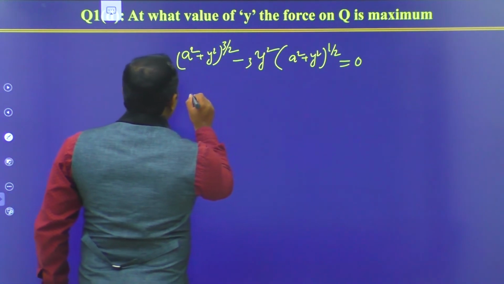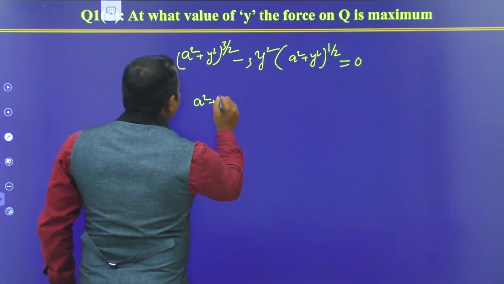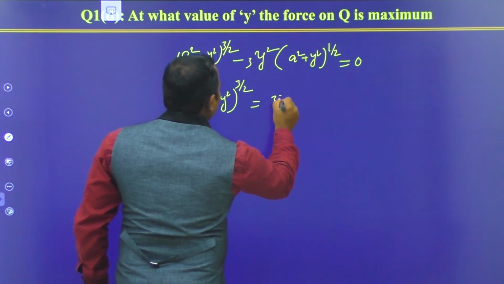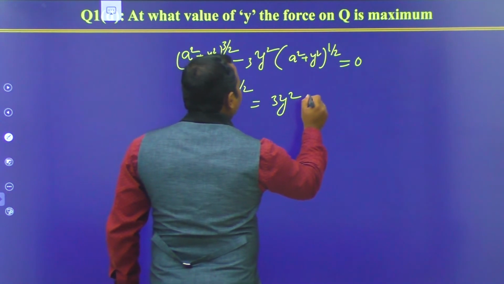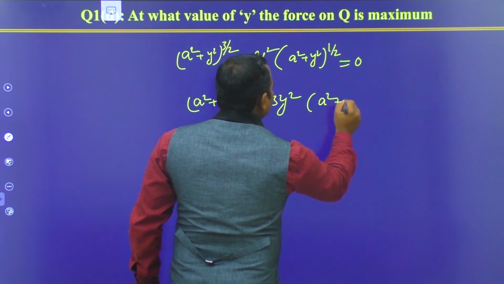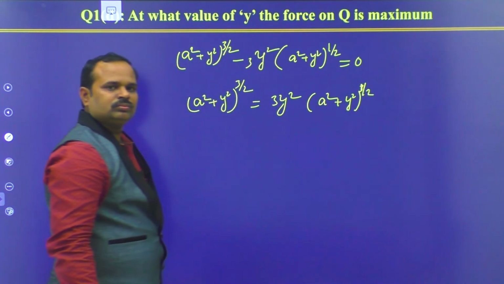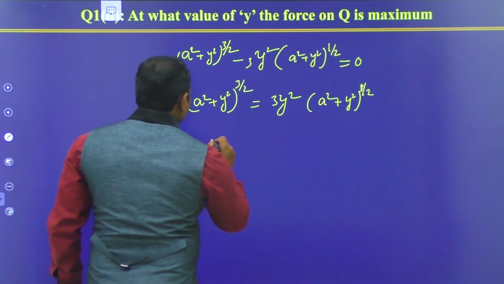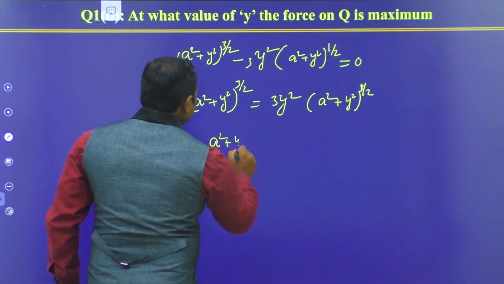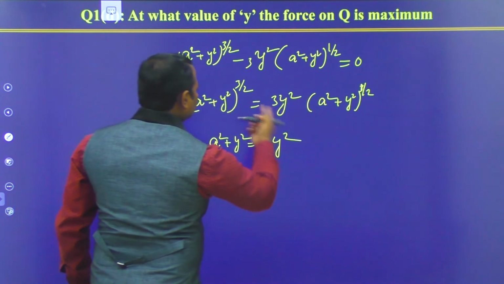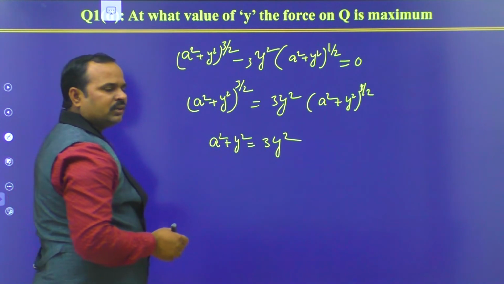Now if you see here, (a² + y²)^(3/2) is equal to 3y² into (a² + y²)^(1/2). Now we can simplify this this way: a² + y² is equal to 3y², because 3/2 minus 1/2 results in power 1.